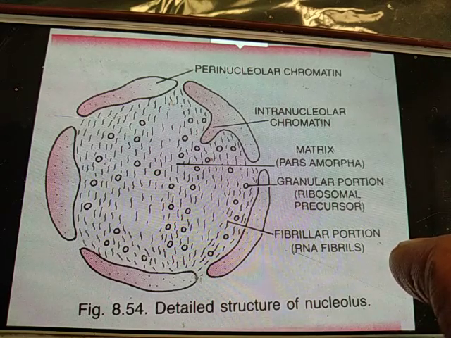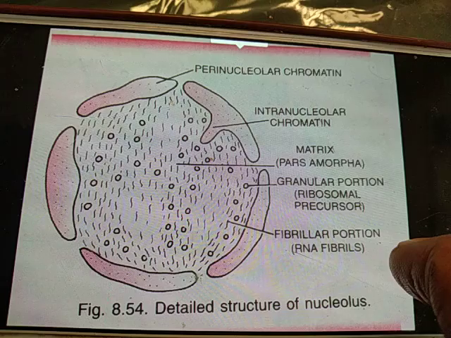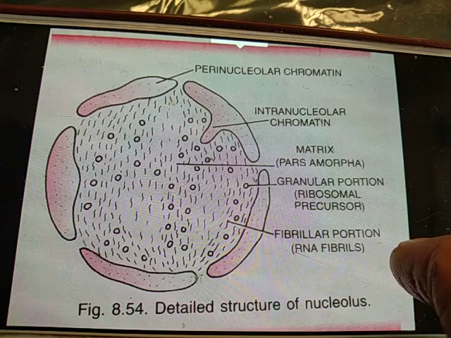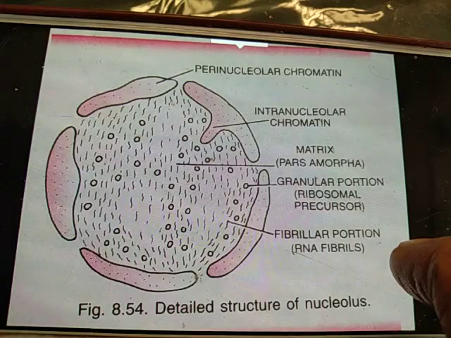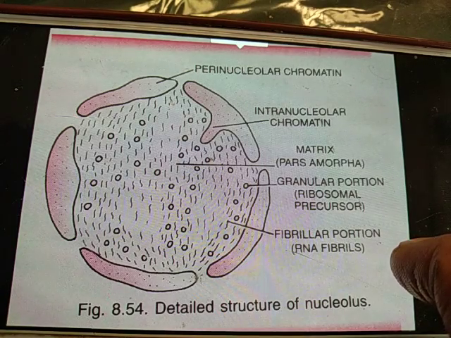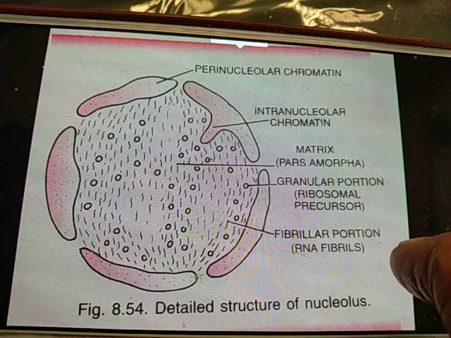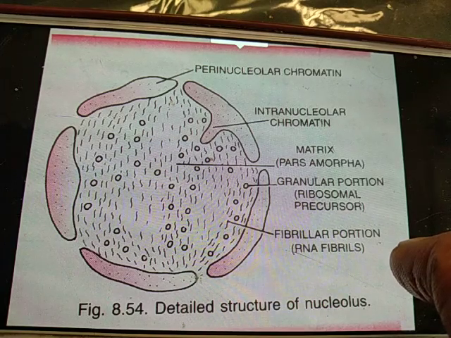It gives rise to ingrowths or trabeculae, which produce the intranucleolar chromatin. The nucleolus is the principal site for development of ribosomal RNAs. It is the center for formation of ribosome components. Nucleolus stores the nucleoprotein.